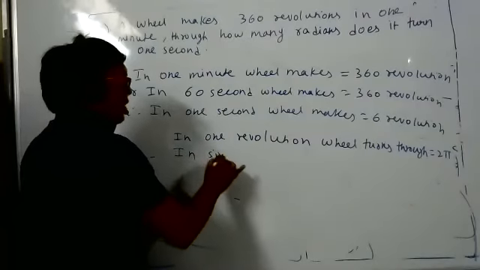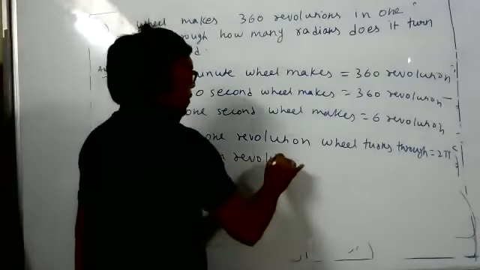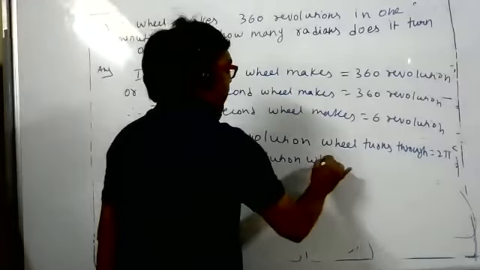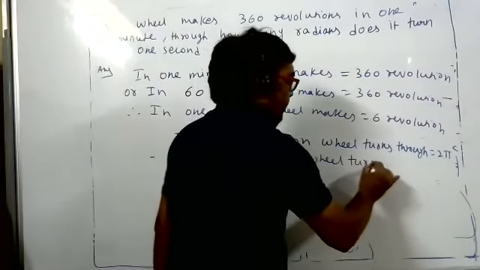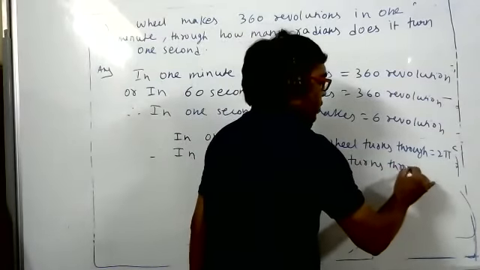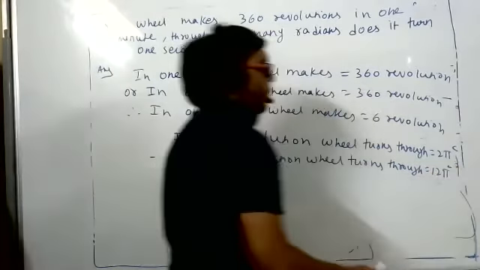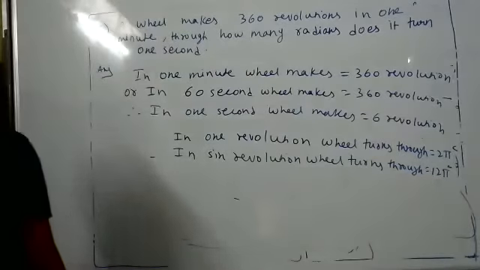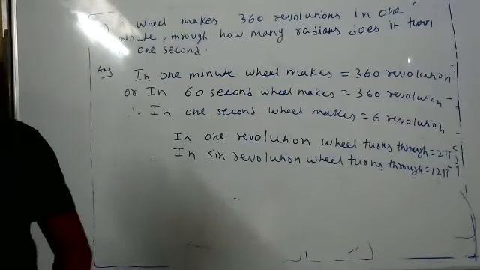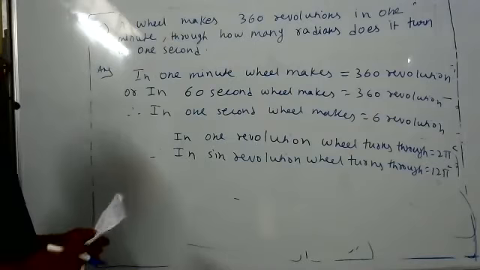Copy down 6 revolutions. Whenever I'm teaching fast, you can stop me and tell me to teach slowly, no problem. Through 6 into 2 pi, 12 pi radians. This is the answer, 12 pi. Here the circular measure is radian. Anybody has doubt, ask me. No, sir. Easy sum.